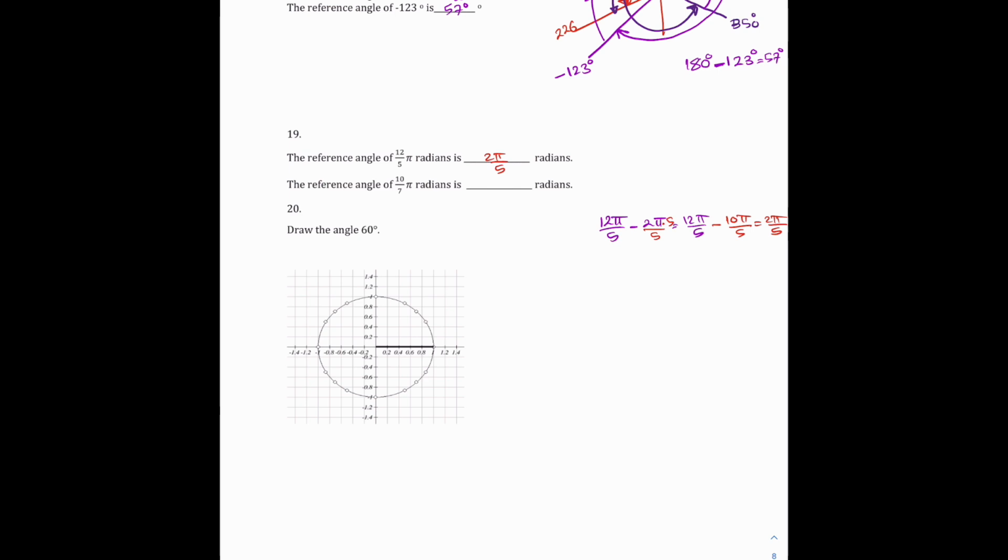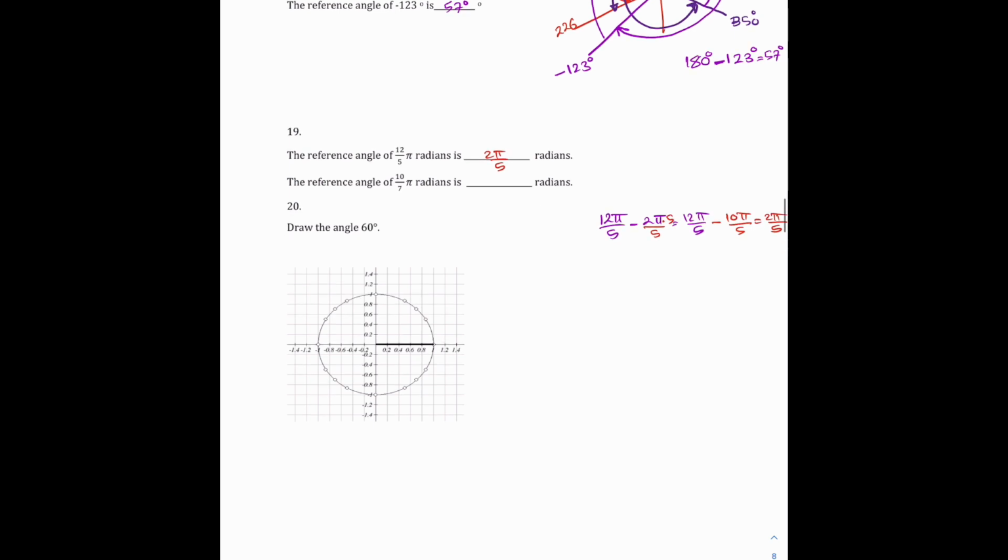Reference angle for 10 pi over 7, same process that we're going to do here. Okay, so we're going to say 10 pi over 7 is less than 2 pi. We know because, let me show you, if we say 10 pi over 7 minus 2 pi, this is going to turn into 10 pi over 7 minus, we need the 7 here, so we need to multiply by 7, 14 pi over 7.